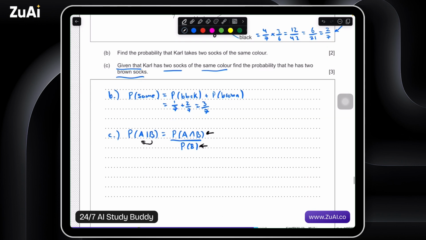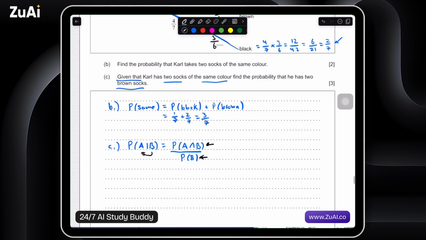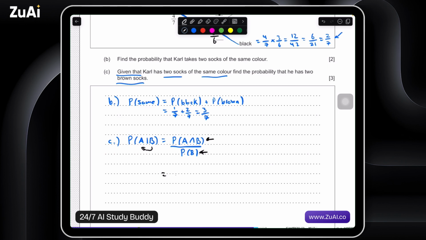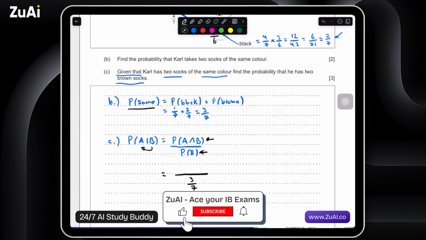So let's go ahead and work this out. I think, to be honest, a lot of these questions with conditional probability are going to be easier to solve if we think about it conceptually. So let's write this out. So the probability that he has the same socks, 3/7 of the time he has socks of the same color.